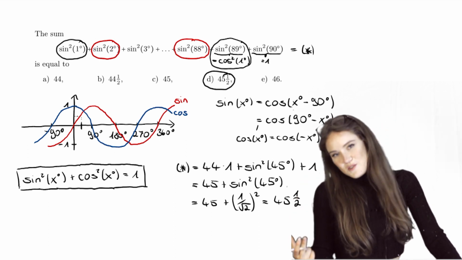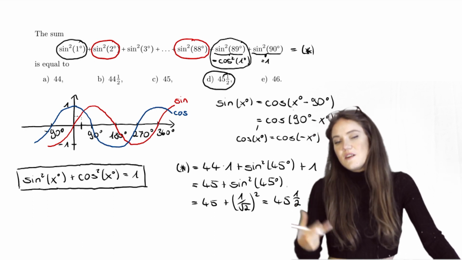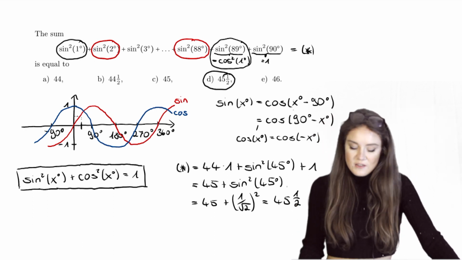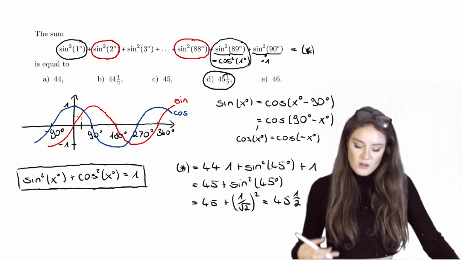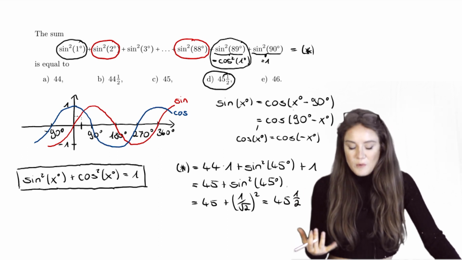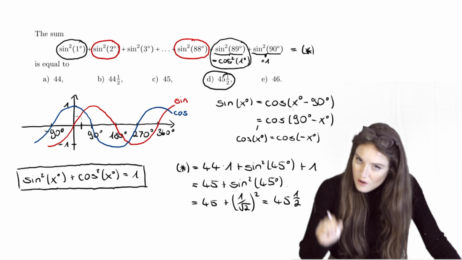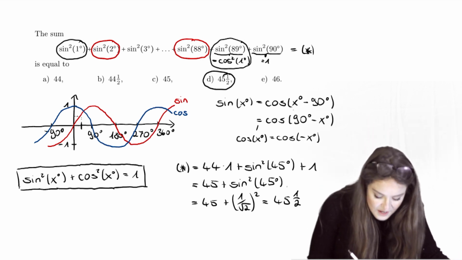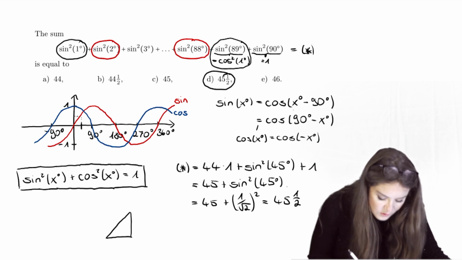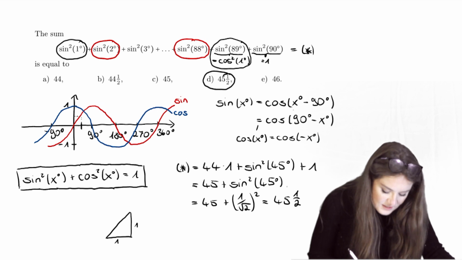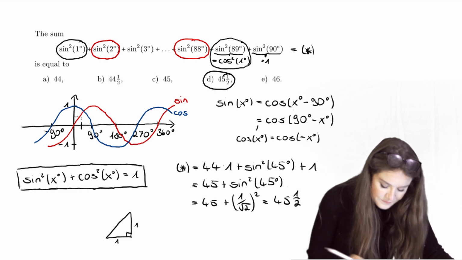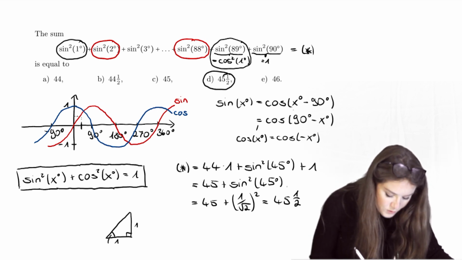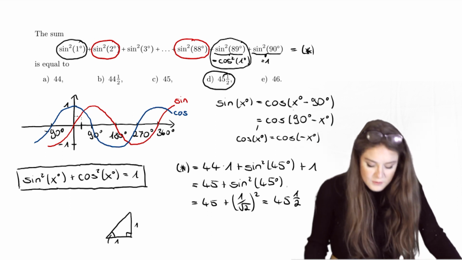But the third possibility, to derive the value of sine of 45 degrees, is probably the nicest one, because you can also get it in a geometrical way. Because sine of 45 degrees is the same as if I have a triangle with 2 side lengths of 1 and a right angle here. Then this angle here would be 45 degrees.